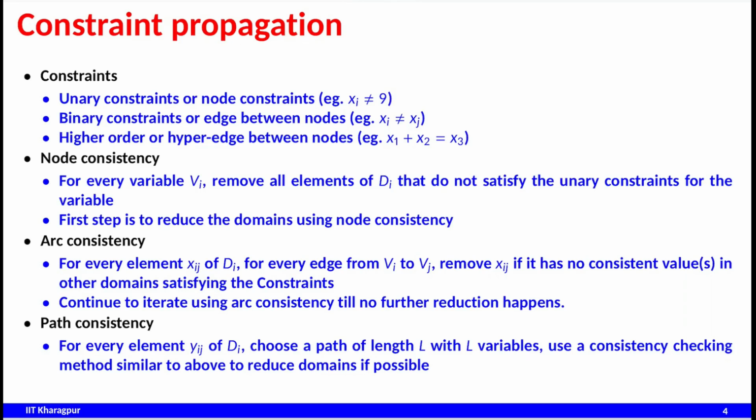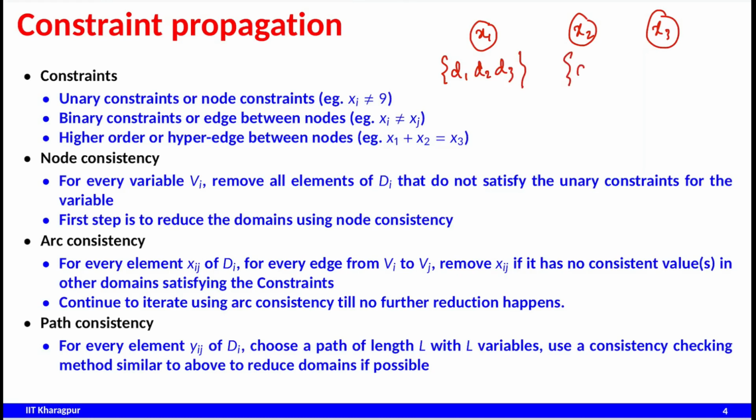So as we said earlier, we first construct the constraint graph. Let's say I have variable x1 for one node, x2 for one node, x3 for another node, and x1 can take values d1, d2, d3 and so on.